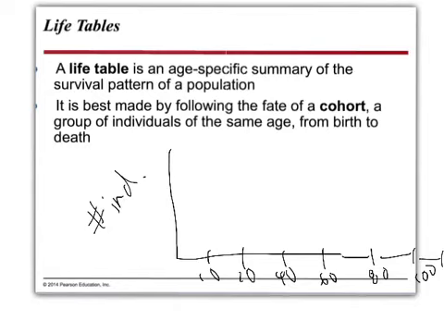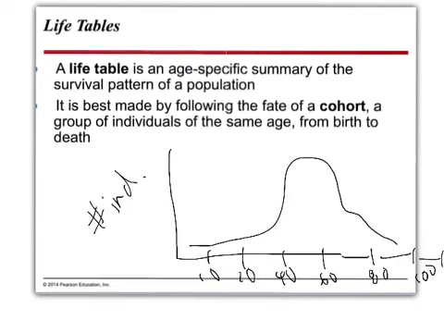What's going to happen to the number of human individuals that are alive in the United States? Whatever the number of individuals at that age, it might be something like that, and it drops off.